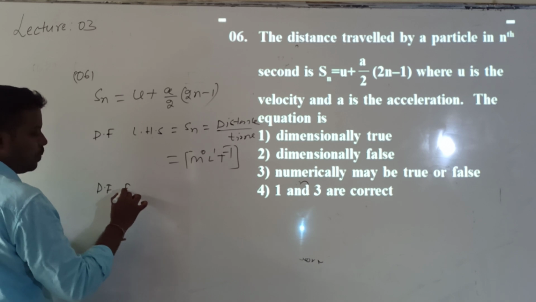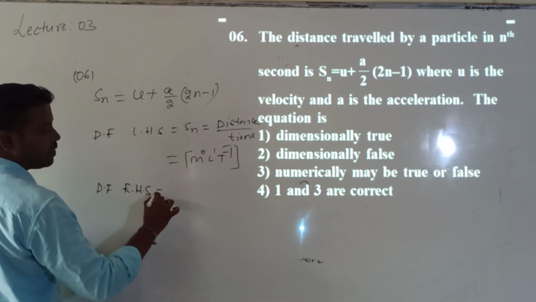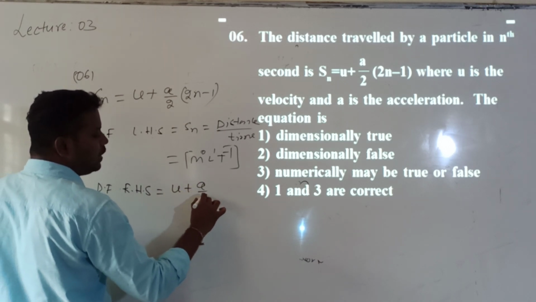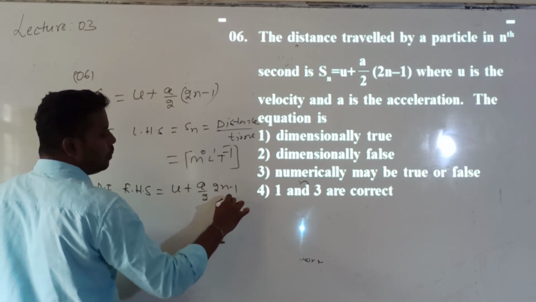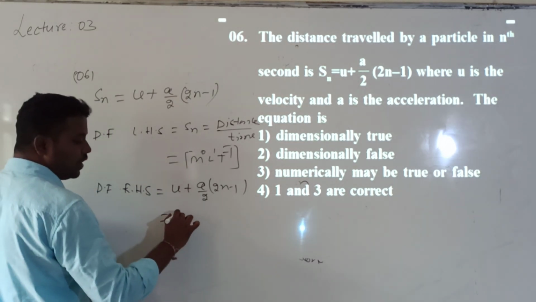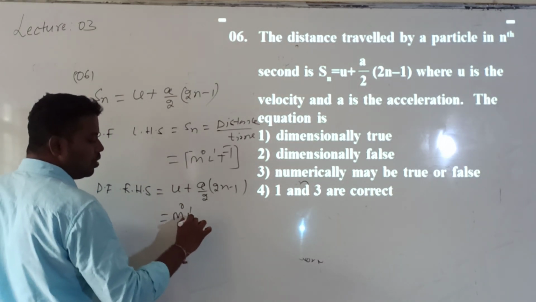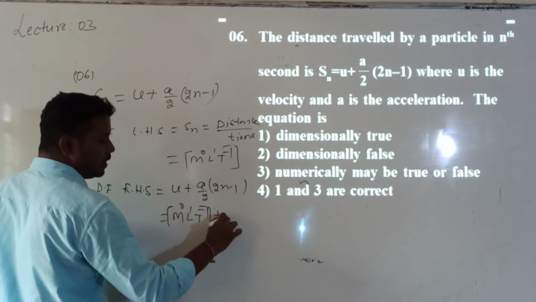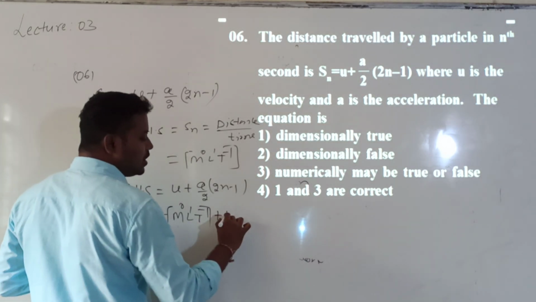What is the dimensional formula of RHS? On the RHS there are two terms: u plus a/2 into 2n minus 1. u is the velocity. Velocity dimensional formula is M power 0 L power 1 T power minus 1. Plus a is acceleration.